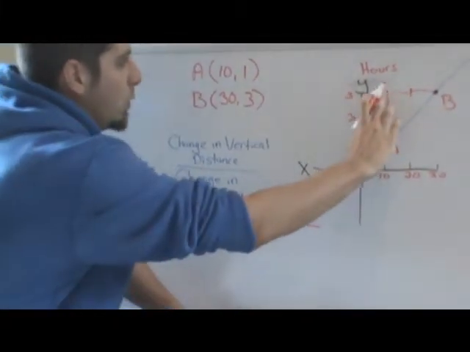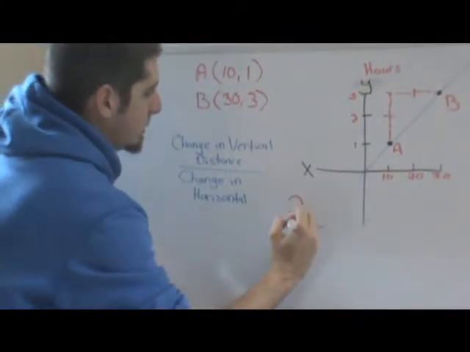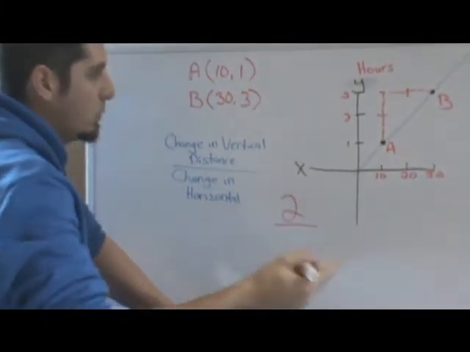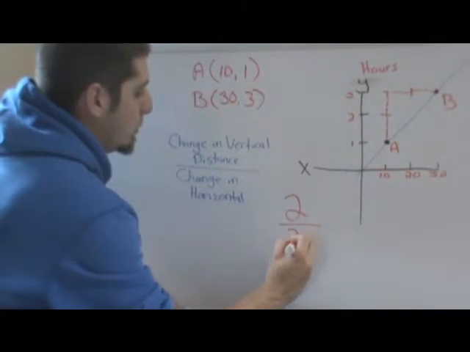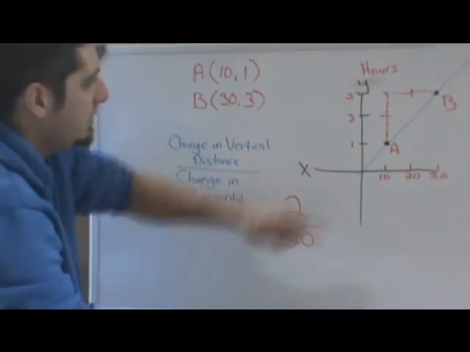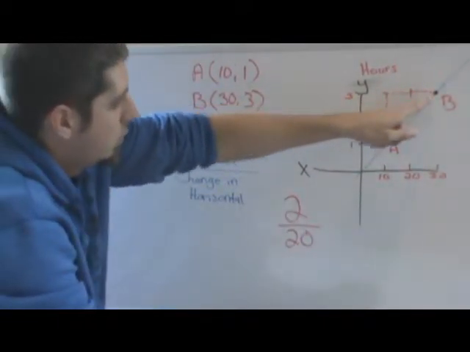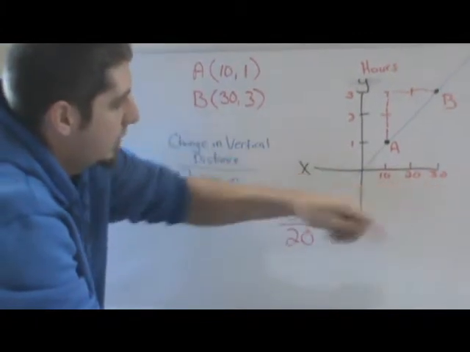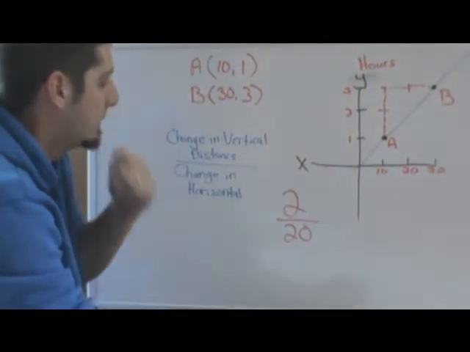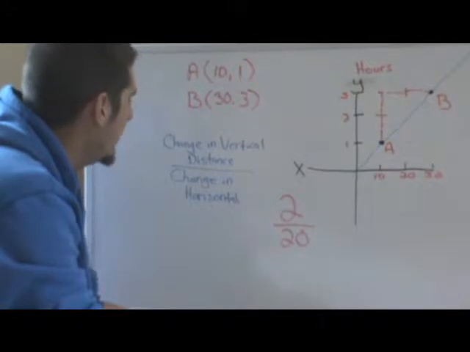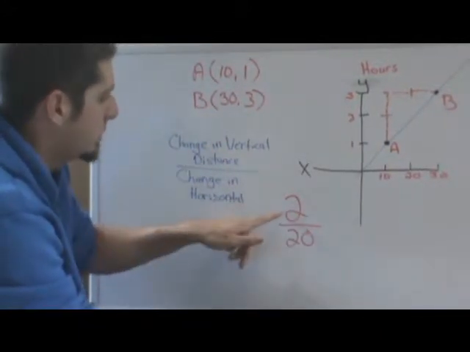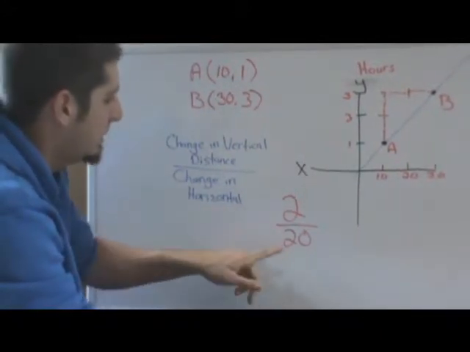So the horizontal distance that was traveled between A and B, the left to right distance that was traveled was 20. Because I went over 10, 20. You can see down here I'm going from 10 to 30, so I moved 20 spaces. Okay? So the change in vertical distance was 2. The change in horizontal distance was 20.